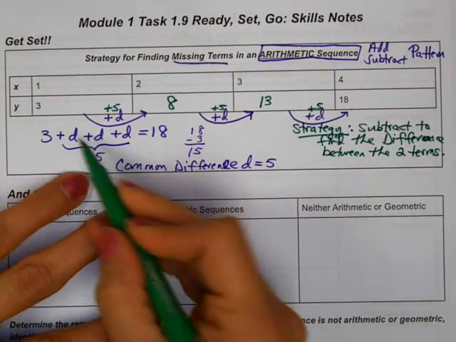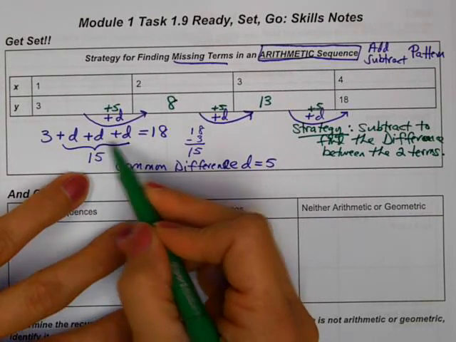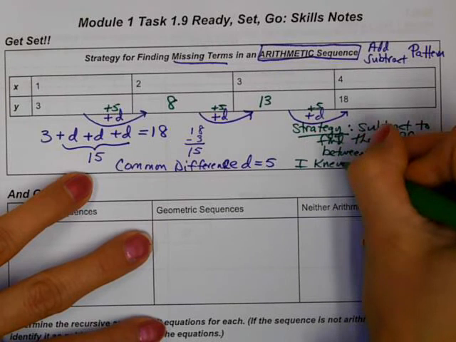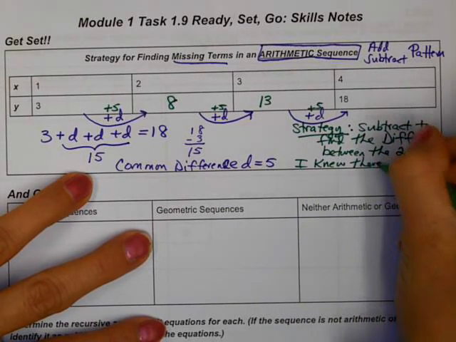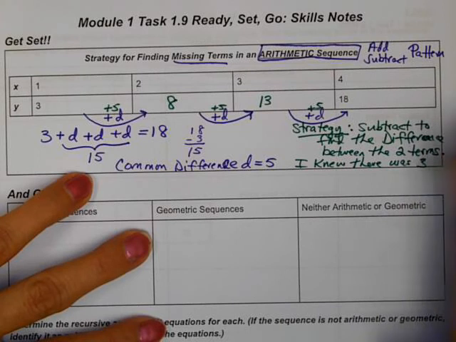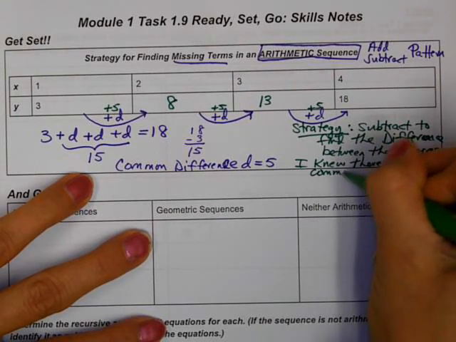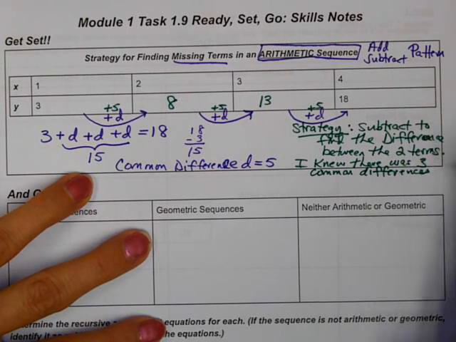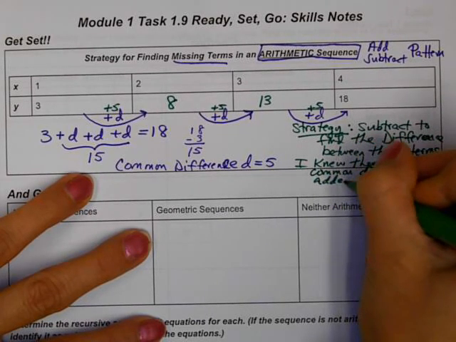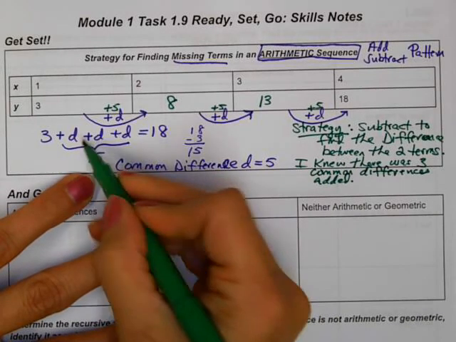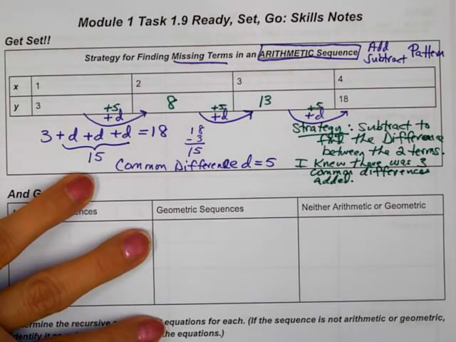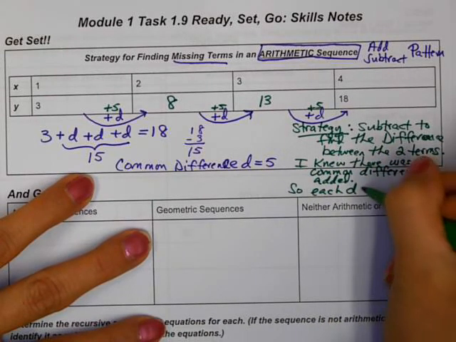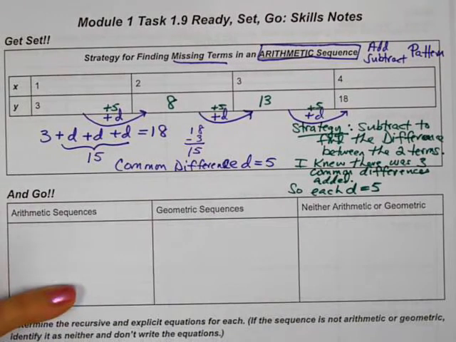And then I knew that there must be 3 common differences. There was 3 common differences added. So each one must be 5. So each D equals 5. Why did I call the common difference D?